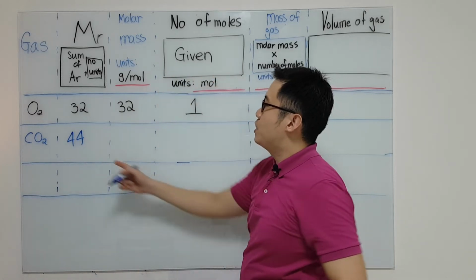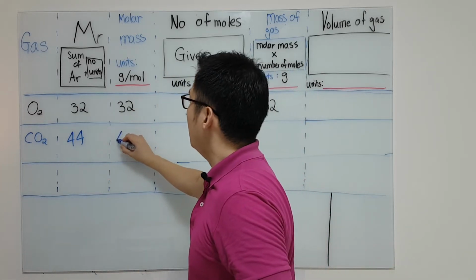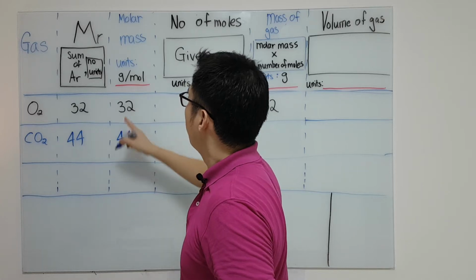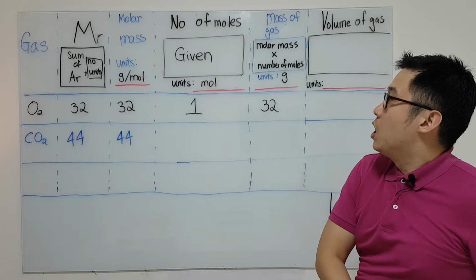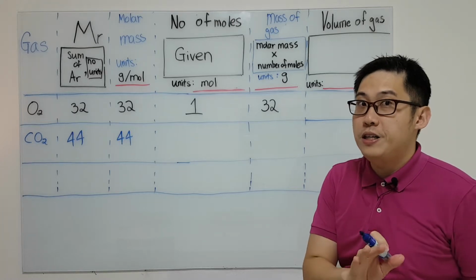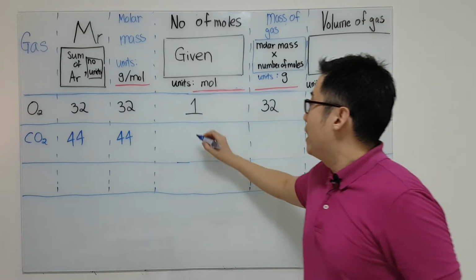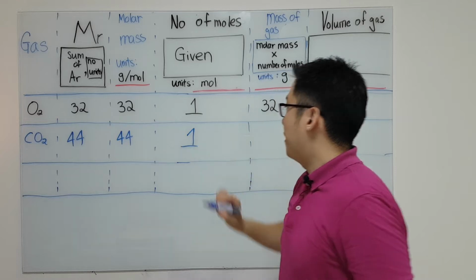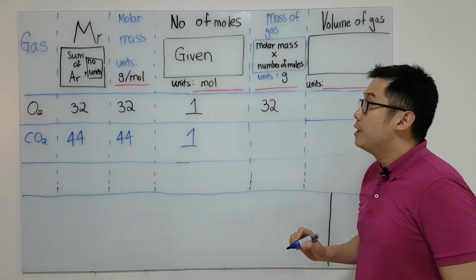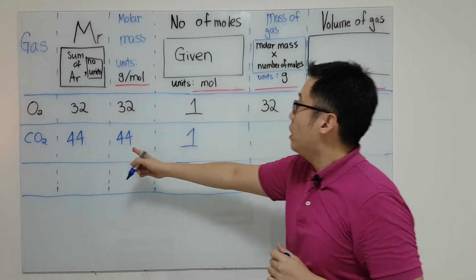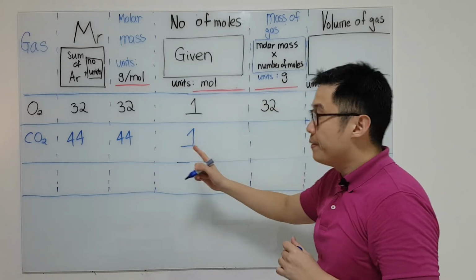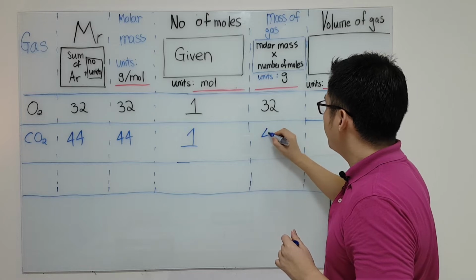The molar mass is numerically the same, 44, but in grams per mole. The number of moles, for the context of this discussion, is given as 1. And the mass will simply be the molar mass times 1, which is 44.